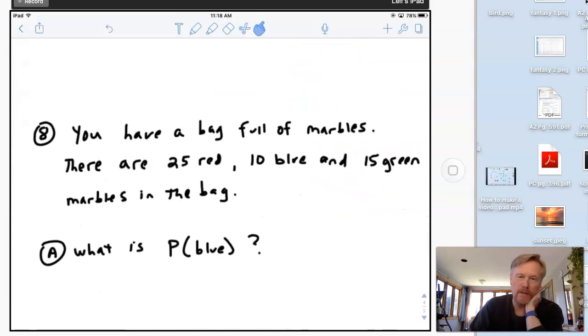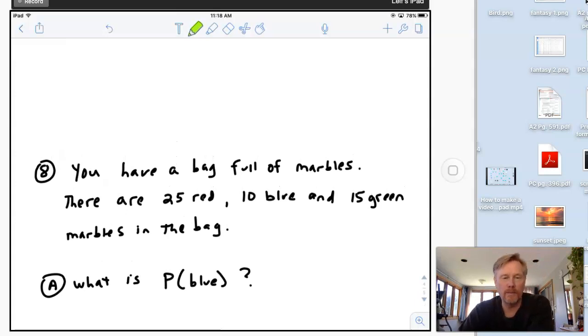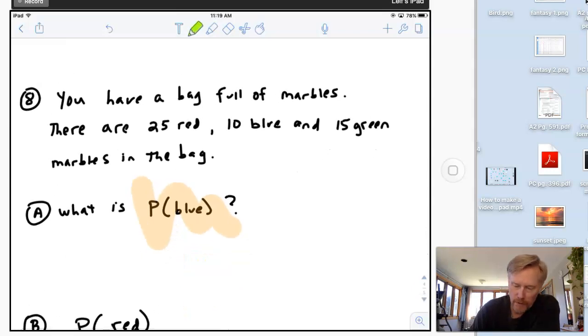So there are several problems like this that you'll see in your work. So remember the P of blue down here means what's the probability of getting blue. Let me read the problem first though. It says you have a bag full of marbles. There are 25 red, 10 blue, and 15 green marbles in the bag. So what's my probability of getting a blue? So once again, that's favorable over the total, right?